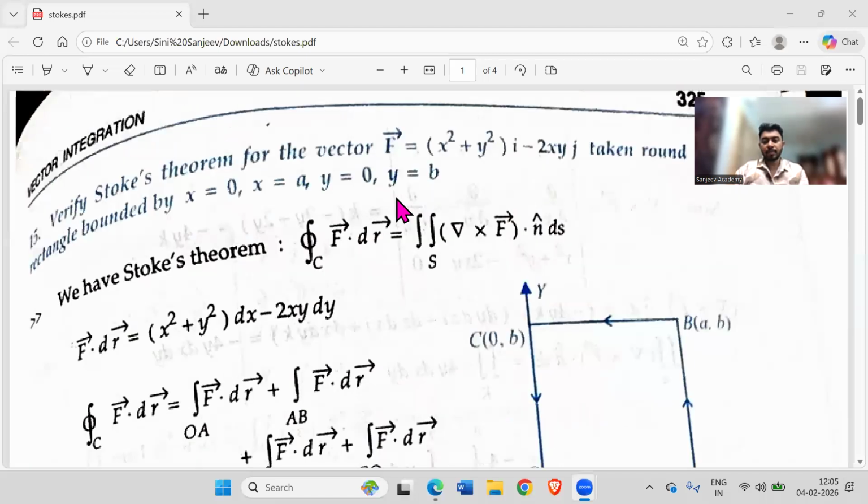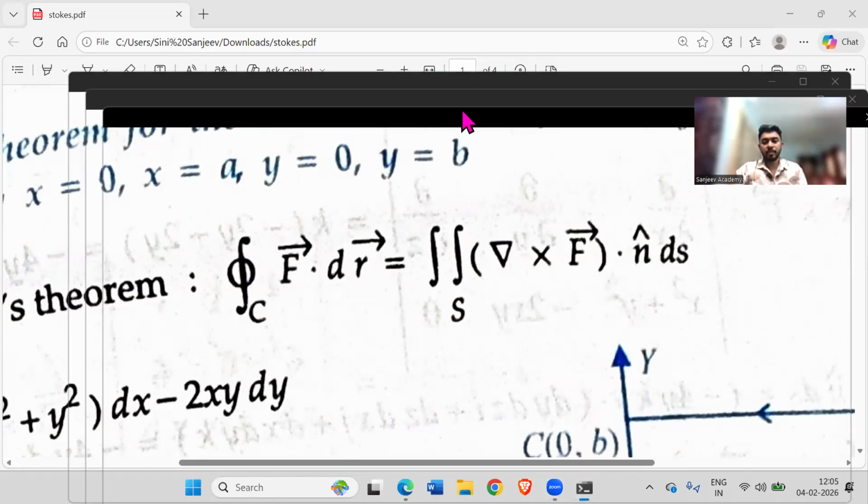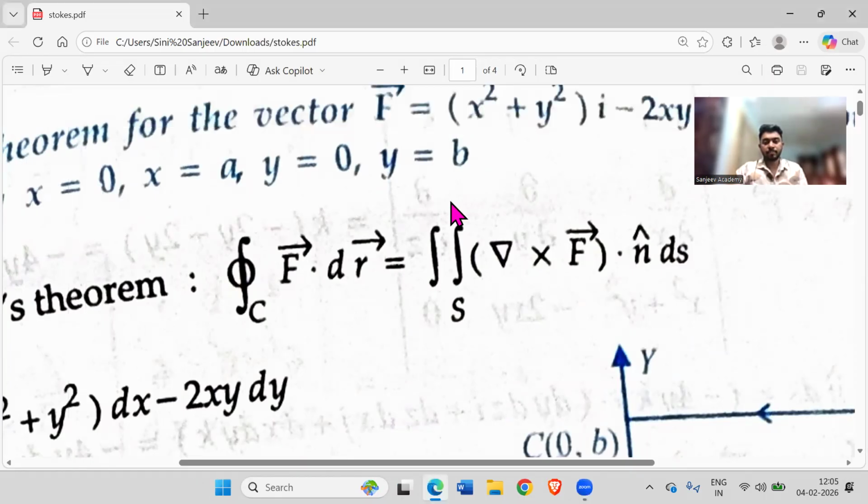This is considered difficult by a lot of students. As you can zoom in here, the theorem says integral f dot dr is equal to double integral del cross f.